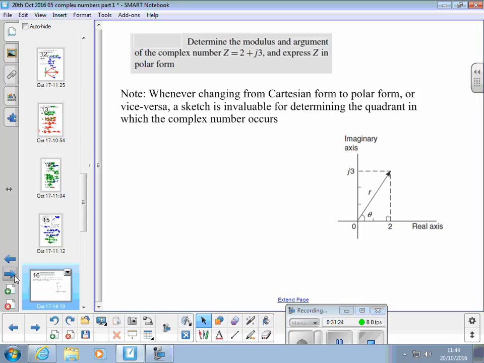Here we go, 2 on the x-axis, positive 3, so we're in the first quadrant. Our angle is going to be between 0 and 90 degrees. Calculator in degrees mode, please.